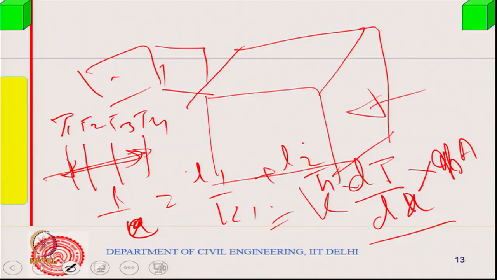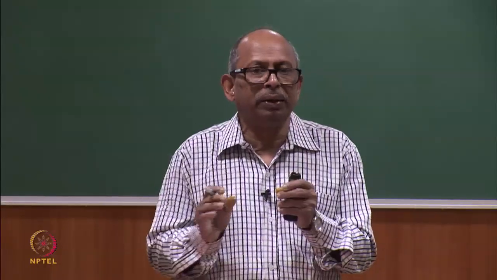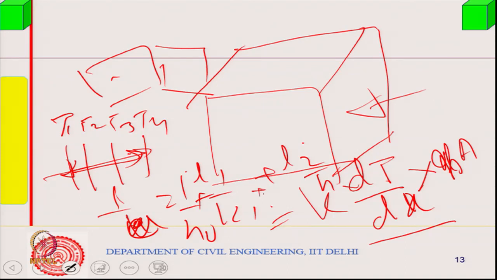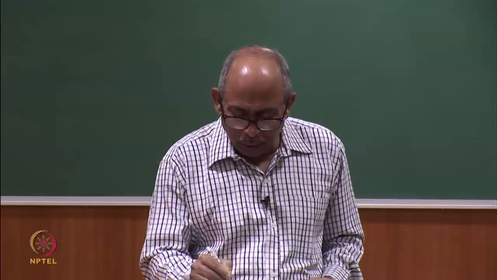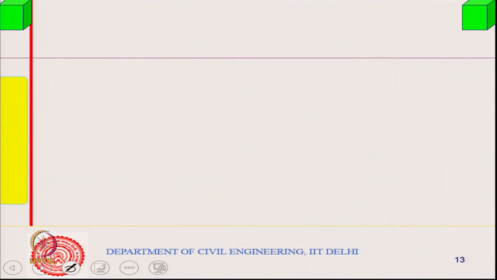When you take that into account, you write 1 over U equals 1 over Hi plus sigma L by K plus 1 over Ho, where Ho is the outside surface conductance. In other words, going into details of this is not part of this course, so I am not doing this.